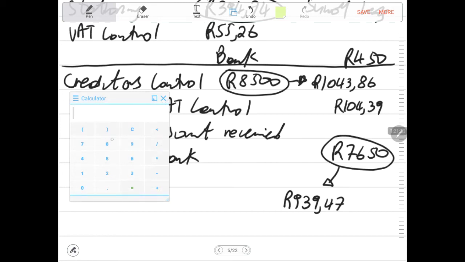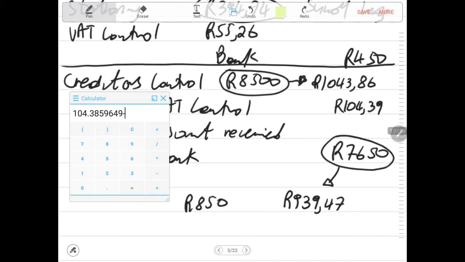The other way will be 8,500. We multiply this by 10%. We get the discount amount as 850. And we say this discount included here is an amount of VAT. Then we say 850 by 14 over 114 is 104.39, exactly the same amount.